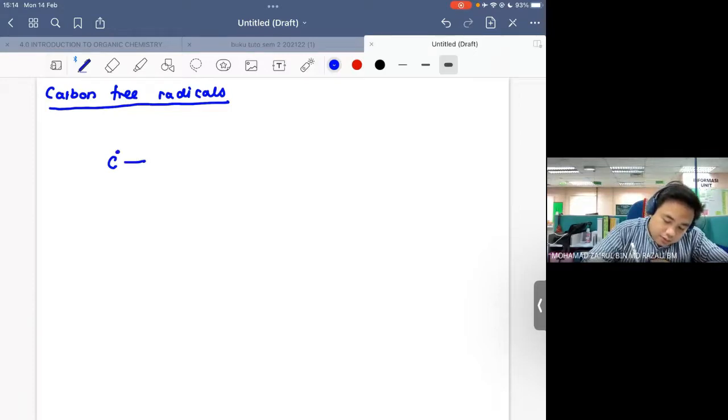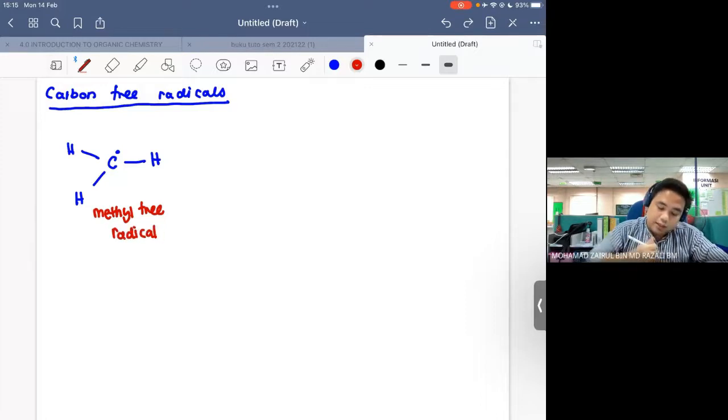So, if surrounding the carbon itu, kita hanya ada hidrogen sahaja, yang ini kita panggil dia sebagai methyl free radical. Okay, now, let's say if I substitute one of the hydrogen itu with something called alkyl group.